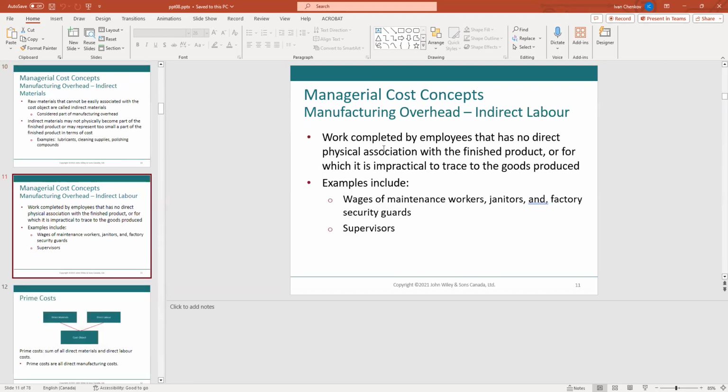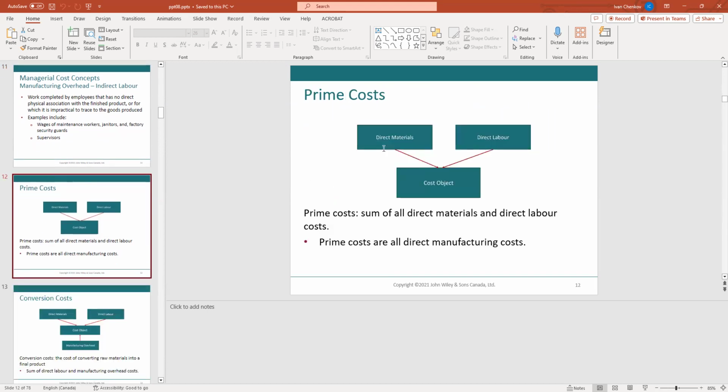Same thing with indirect labor. Indirect labor will be anything like the wages of maintenance workers, cleaning people, security guards, and supervisors that cannot be easily traced to the product but is related to our production. Because direct material and direct labor come first, we're going to call them prime cost.